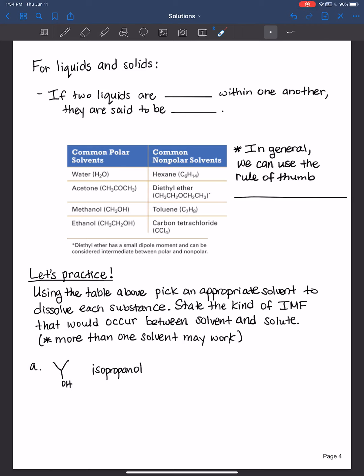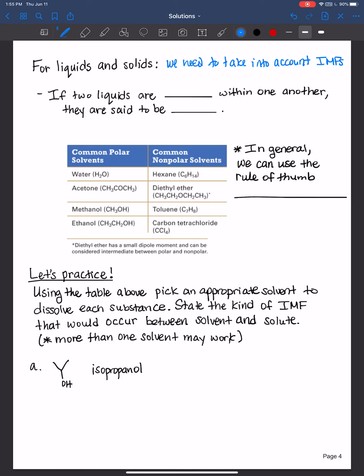So for liquids and solids, as we've said before, and I just want to reiterate, we need to take into account intermolecular forces. Now, before we dive into that and picking the best solvent to dissolve a solute, I just want to say that let's say you're making a liquid-liquid solution.